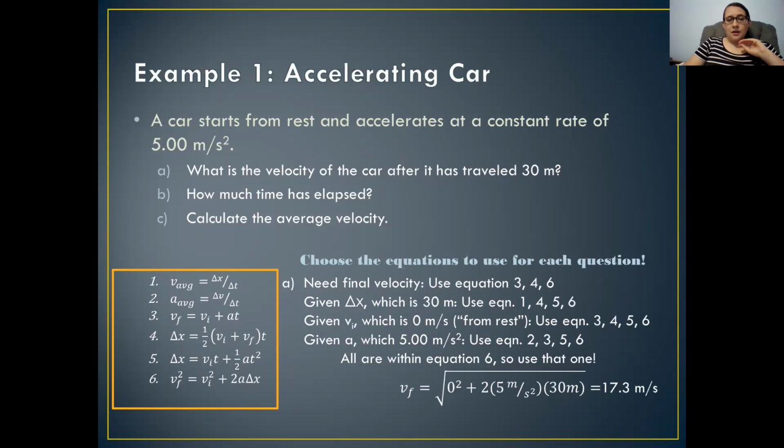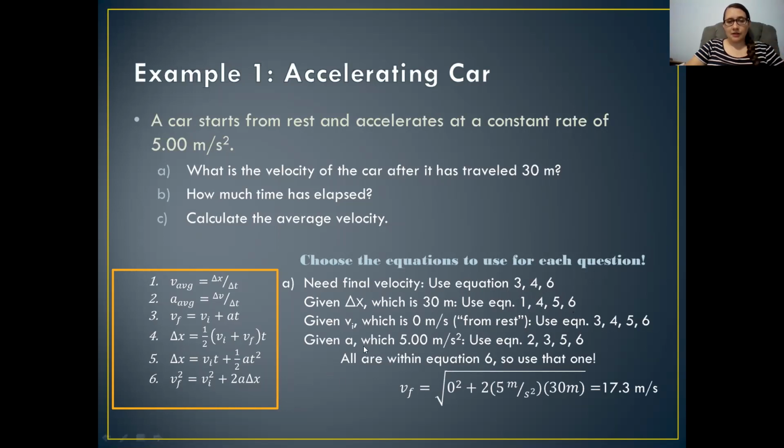Okay, so final velocity appears in equation 3, equation 4, and equation 6. We're given that change in position, which is appearing in equation 1, 4, 5, and 6. We're given initial velocity, which is in equation 3, 4, 5, and 6.